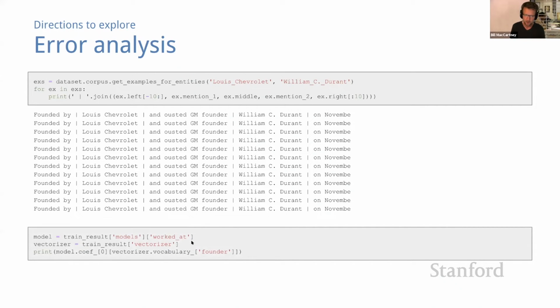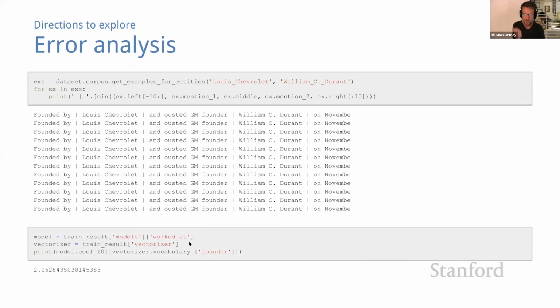So here's a little bit of code that does that. And sure enough, in the model for worked at, the word founder gets a weight of 2.05, which is pretty large. If you look at the distribution of weights, it's a relatively large one. I forget exactly, but I think it's in the top 10. It's quite a significant feature for this model.